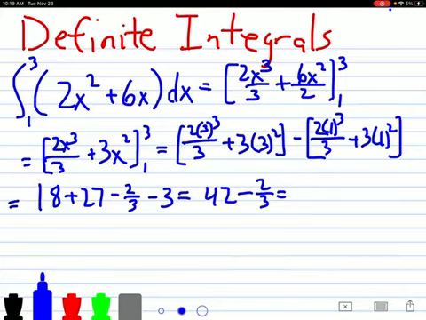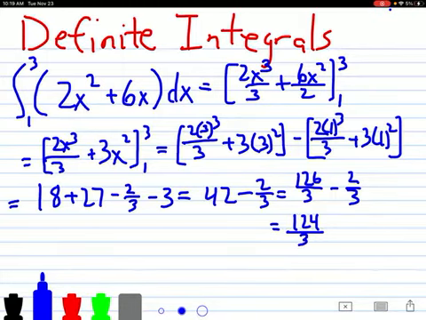The denominator of 42 is an understood 1. So this will give us 126 thirds minus 2/3. And when we simplify this, this will give us 124 thirds.